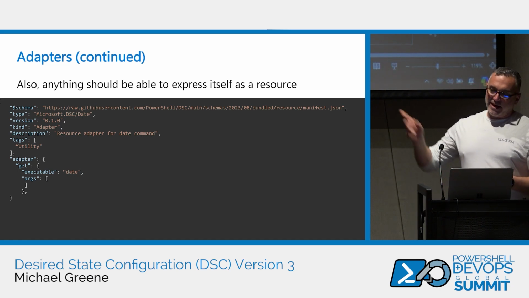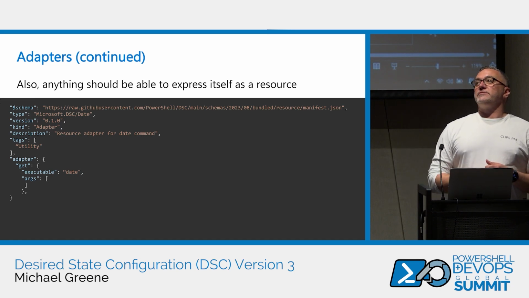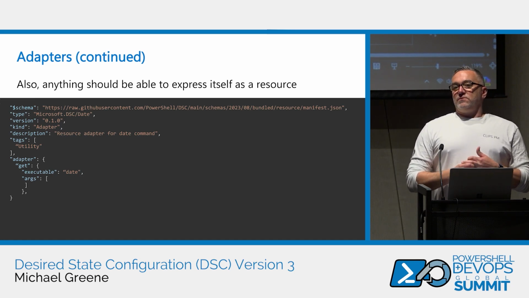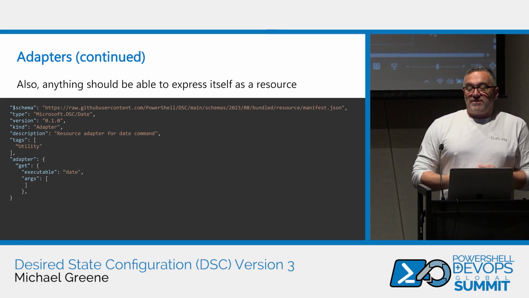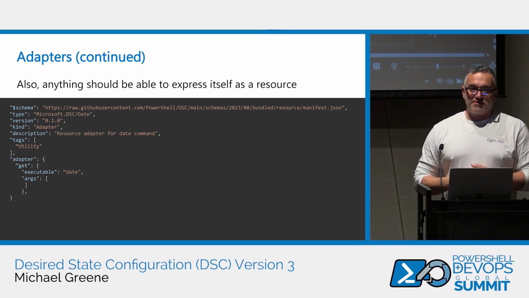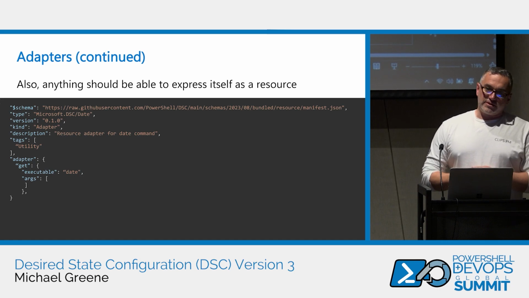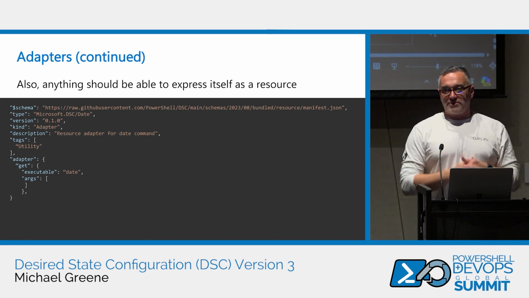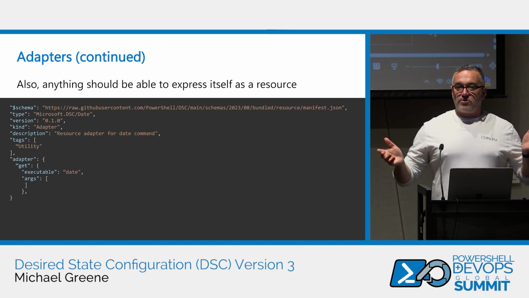It's because date doesn't return JSON. We've got a bunch of ideas on how we could do this. One would be maybe we just need an adapter for CMD. I would find that really like satire and probably use it for demos, to have an adapter that says, here's how you run batch files. And we could just echo out a JSON wrapper for whatever these things implement. If there's a need for that, this is so adaptable we could do it. And that's kind of what makes it cool.